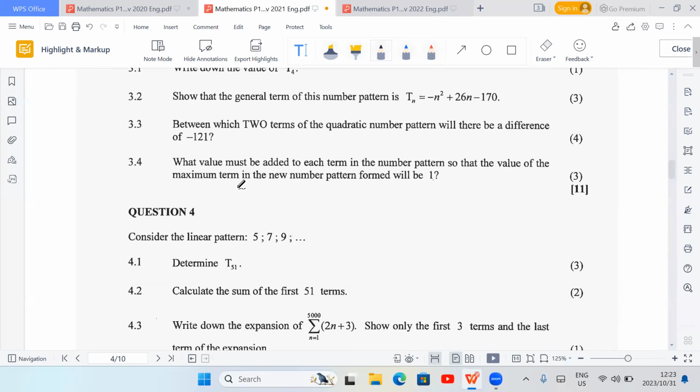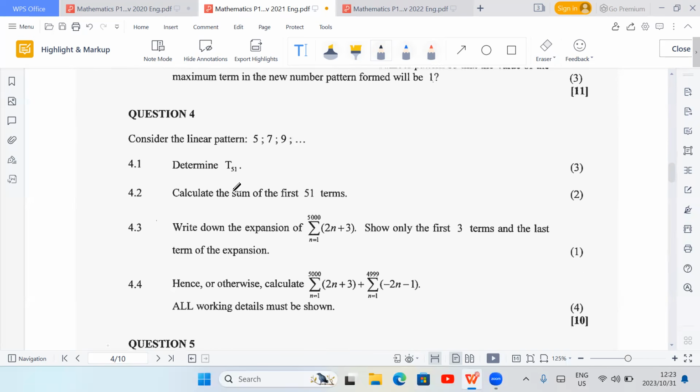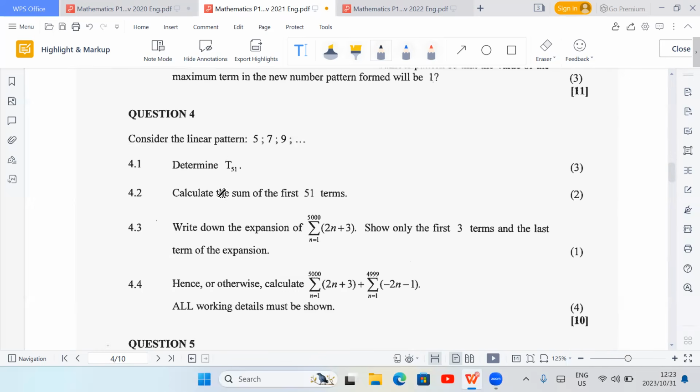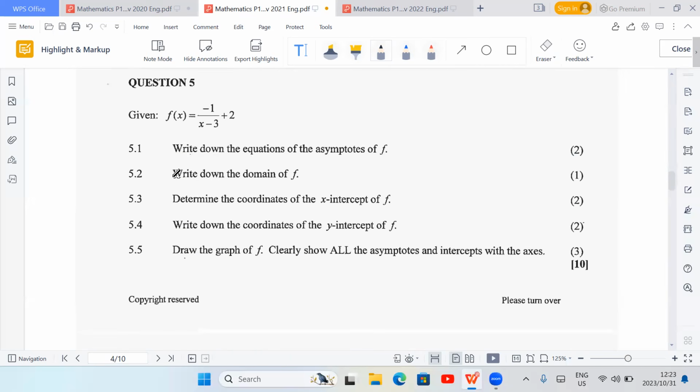So here they just decided to give you 3 whole questions on patterns, right? So that should be 3 marks for you, because if they just decide to give you 3 questions on patterns, wow.